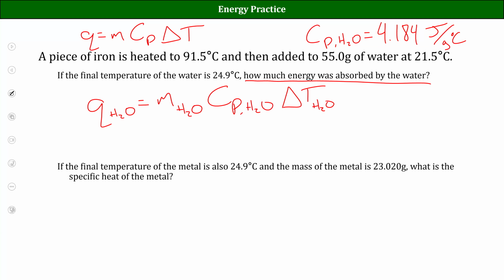I know that that's intimidating to look at if you're not used to looking at scientific equations. Remember that these subscripts are just helping us keep track. We don't want to mix up the change in temperature of water with the change in temperature of the metal. So I'm saying delta T of water, specifically, mass of water. All right, I'll give you a few minutes. Plug stuff in and get an answer.